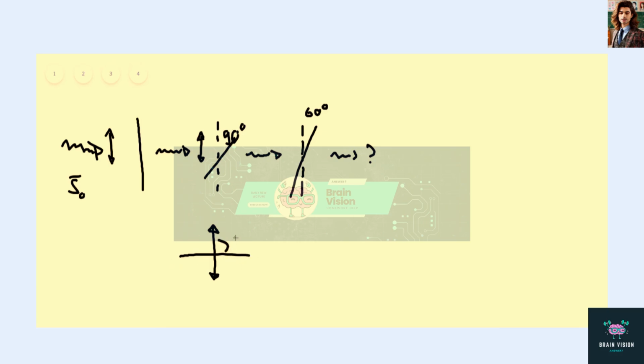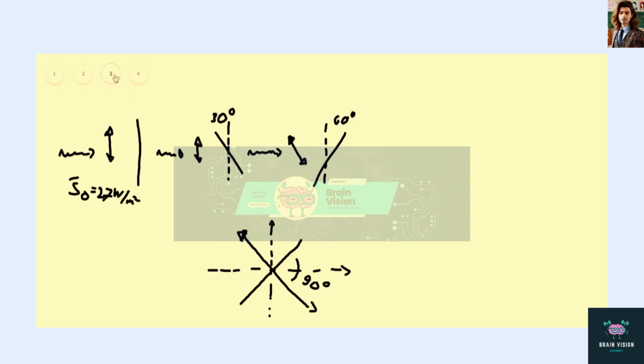And so since these two make a 90-degree angle with each other, we know that there is no light making its way through the second polarizer. So the resultant intensity is going to be 0 watts per meter squared. So that's the answer to the second part.